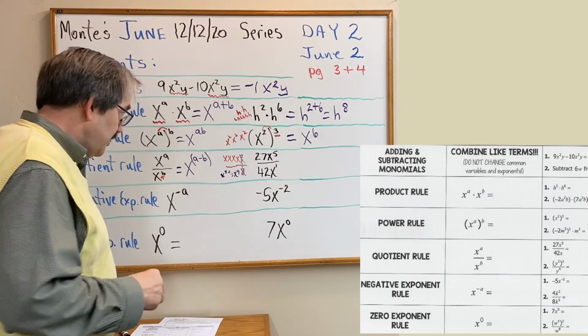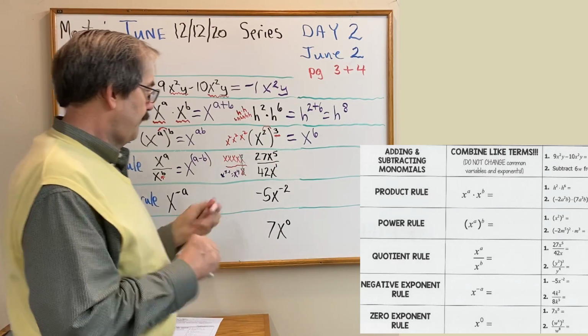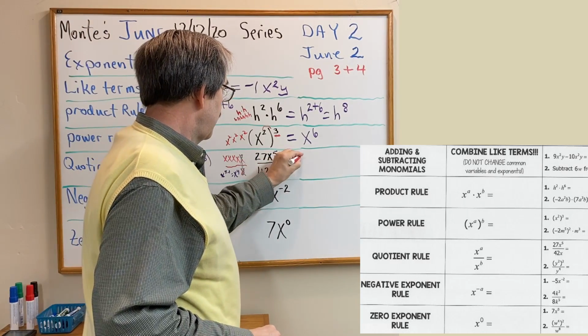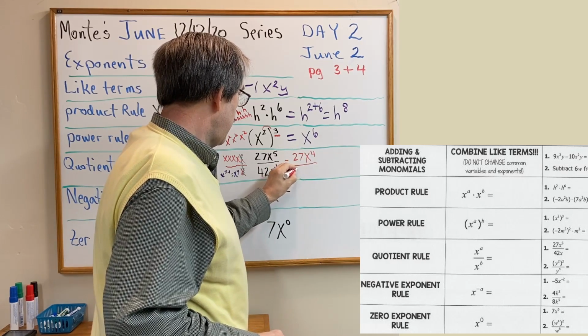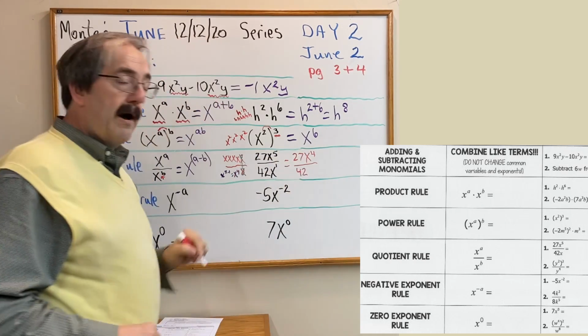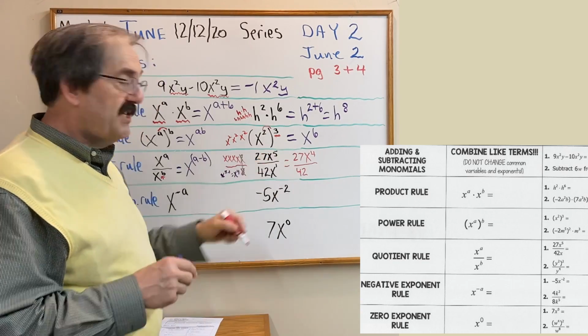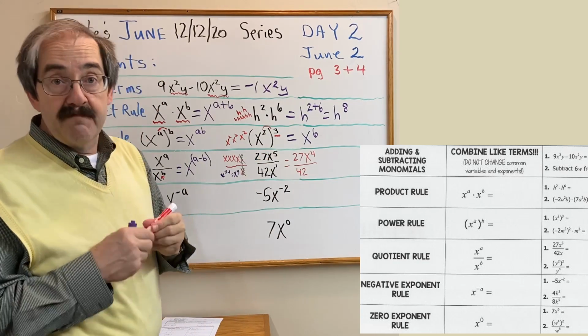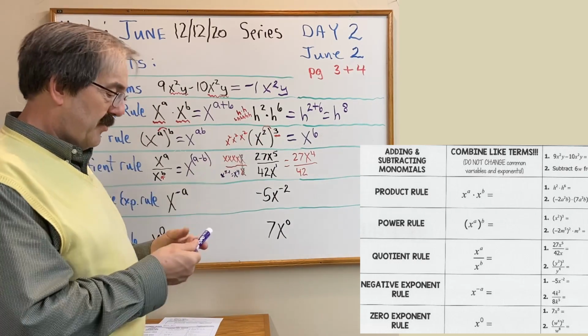Okay, so I'm going to do it this way, x4 on top. Now I've got my variable done, x to the 4. 27 over 42, we can simplify it, okay? So what is that, 3's?